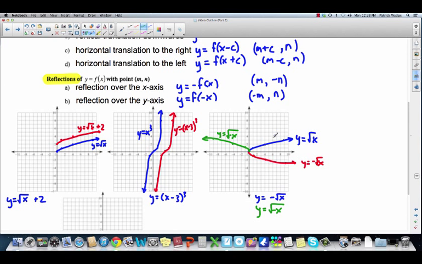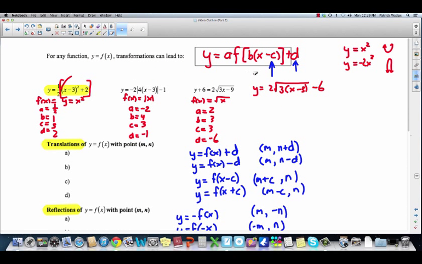Now, you'll notice that I keep talking about inside the function, outside the function. Up here, maybe we should add that a and d are outside the function, right? A is not in the function, D is not in the function. The function is all this square bracketed part. A and D are outside the function, and they impact the y values.